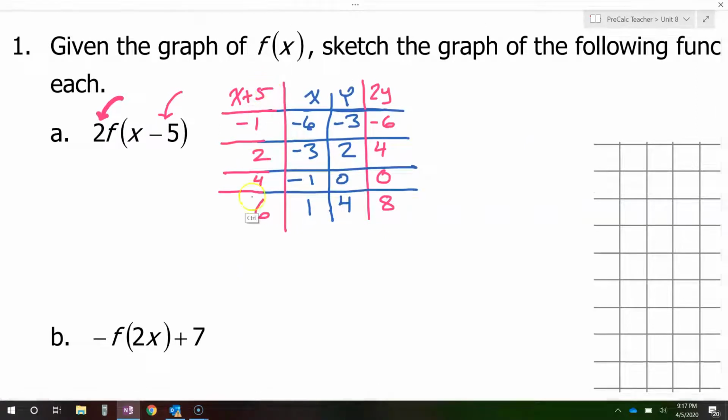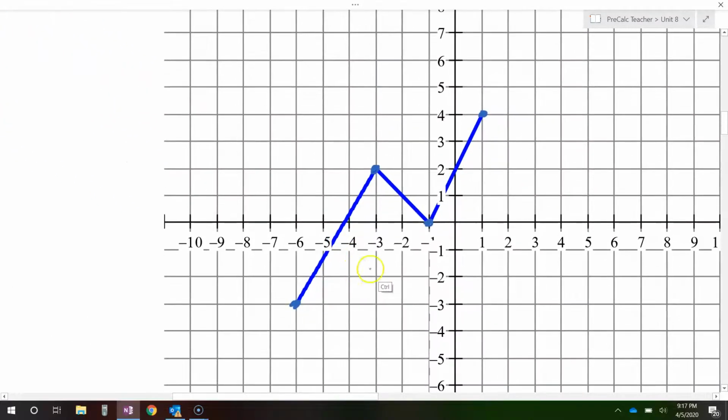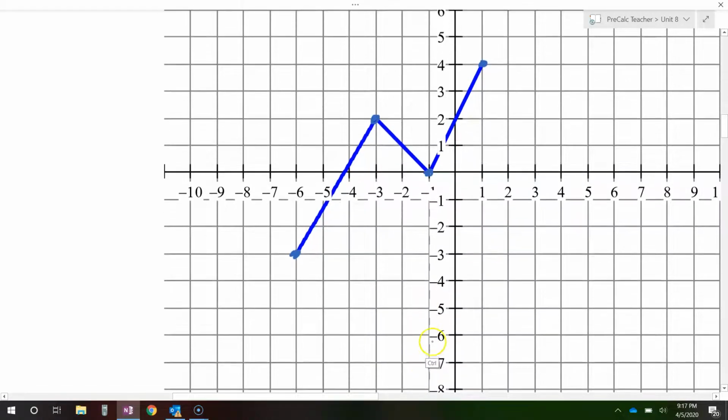So these red values are the transformation. So that's what I'm going to actually graph. So ignore the blue values. Those are old and gone. Maybe I'll just cross them out. So we're going to have our first point at -1, -6. So -1, -6 is going to be right here.